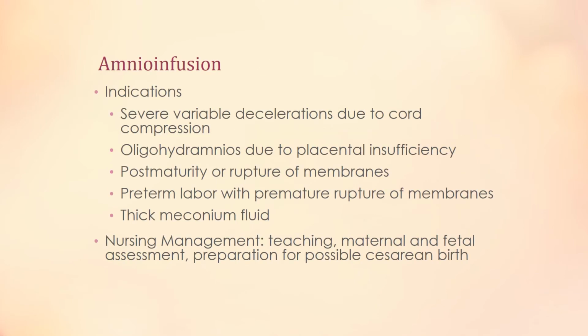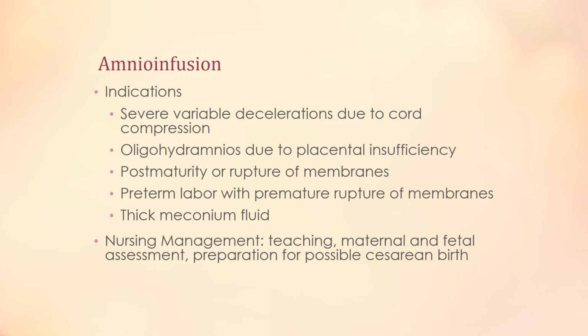Amnio infusion. This is sometimes done if there is cord compression and we want to put a little more fluid into the amniotic sac to help get the baby's head off of the cord.